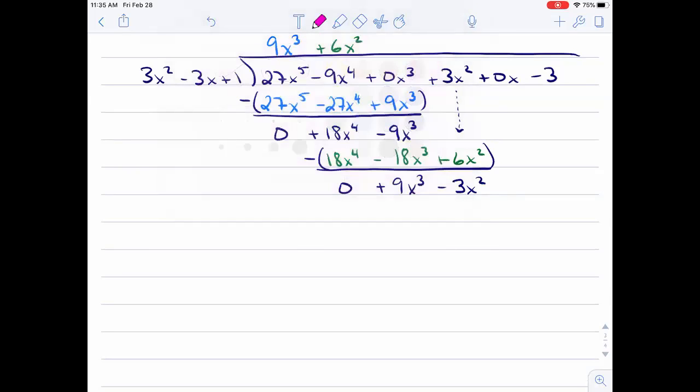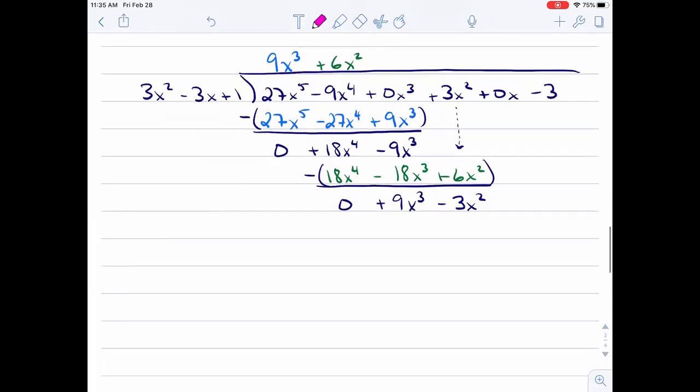Okay. Nine x to the 3 divided by 3x squared puts me at plus 3x, and that's it. 3x squared times 3x is 9x to the 3, minus 9x squared plus 3x.